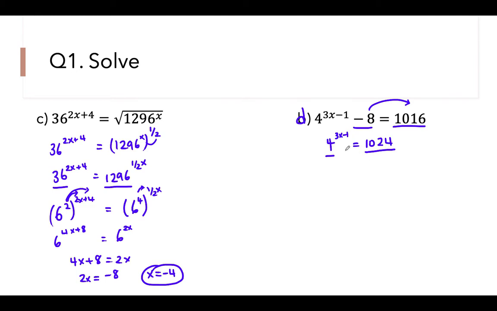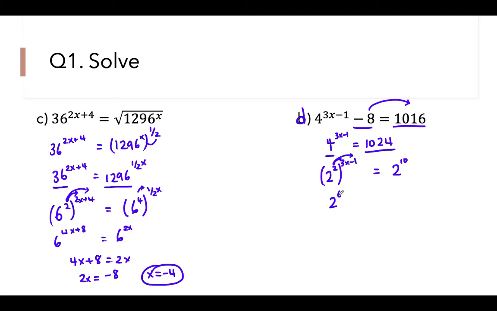What about a base of 2? Because it's an even number, the next one down will be 2. So 2 to the 2 is 4. And using your calculator, you will notice that 2 to the 10 would give me 1024. So now we are going to multiply the power of power.